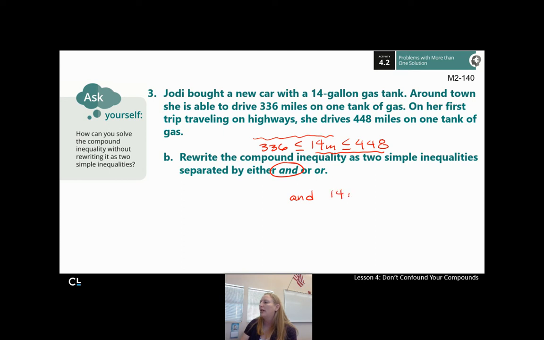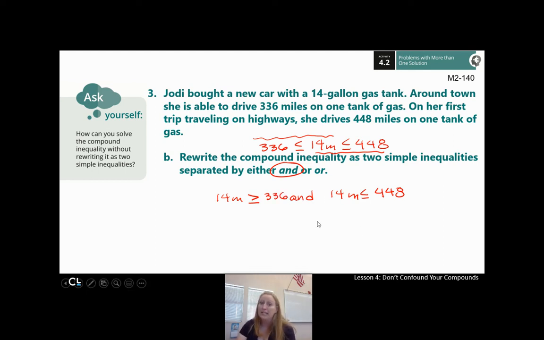It's just 14m is less than or equal to 448. But for this side, I'm going to flip it around to make it a little easier to work with. So for this side, I've got 14m, and you can see alligator eats the bigger one, so greater than or equal to 336.